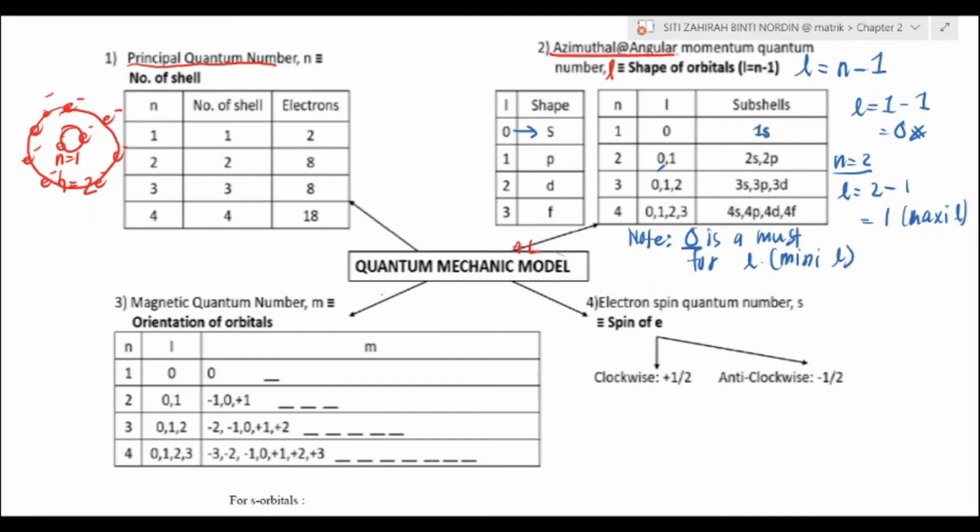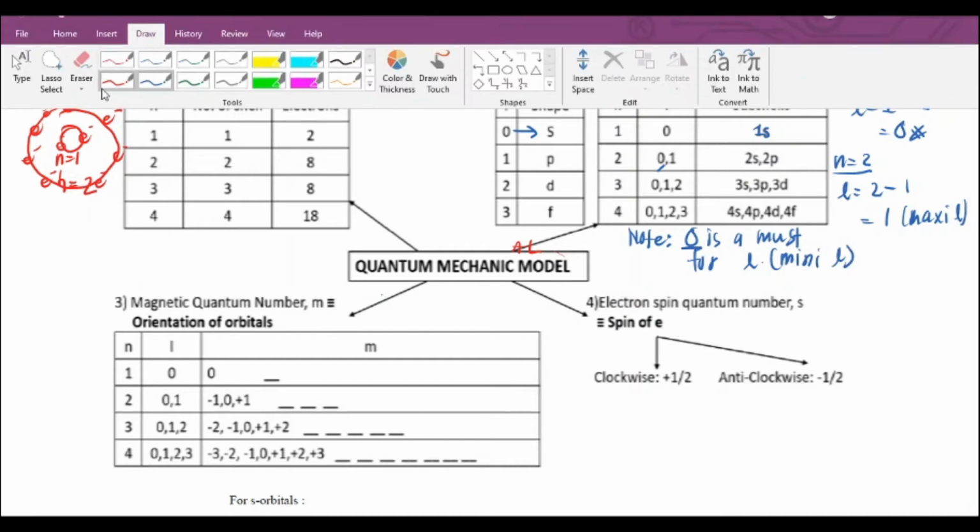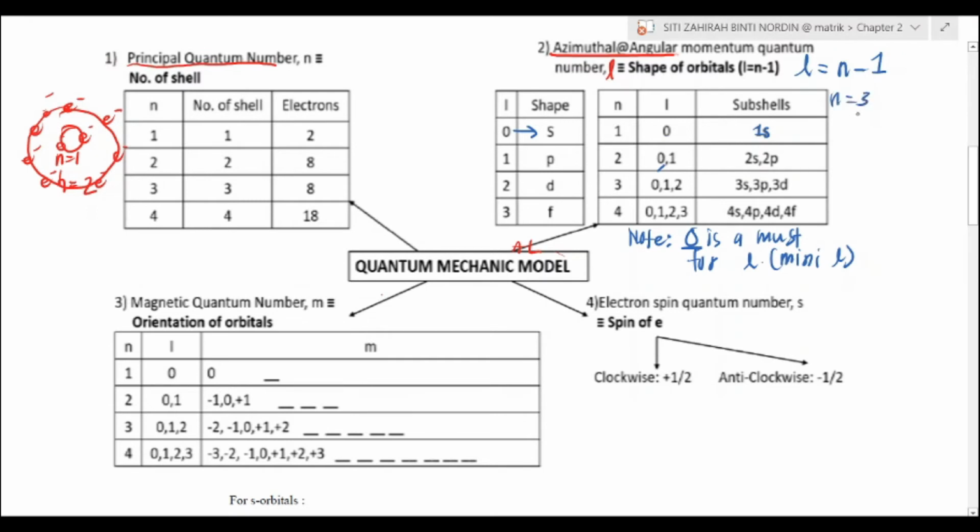For n equal to 3, we want to find your maximum L, so that would be 3 minus 1, which is 2. 2 is your maximum L, so you should write 0 and 1 at the front. That stands for shell 3.